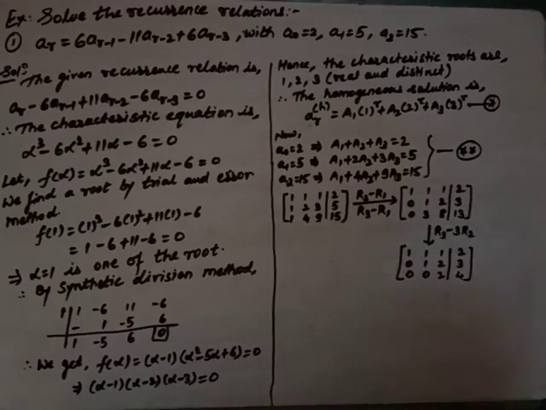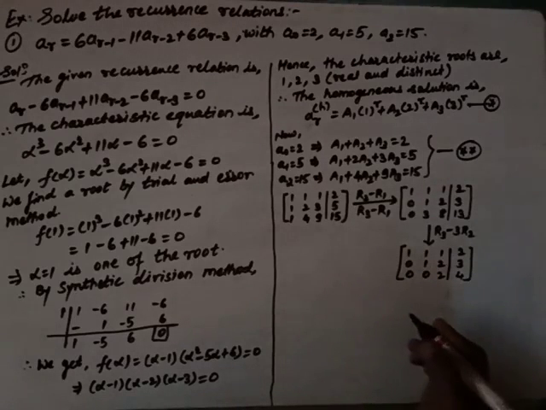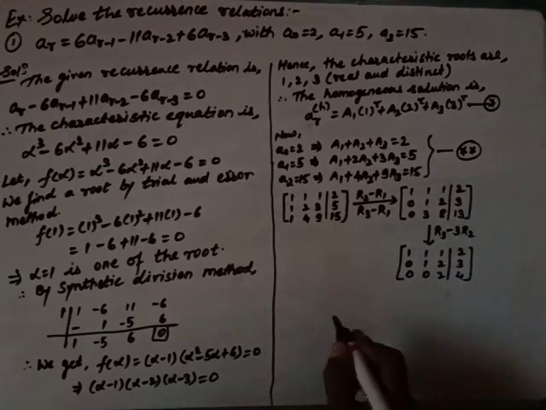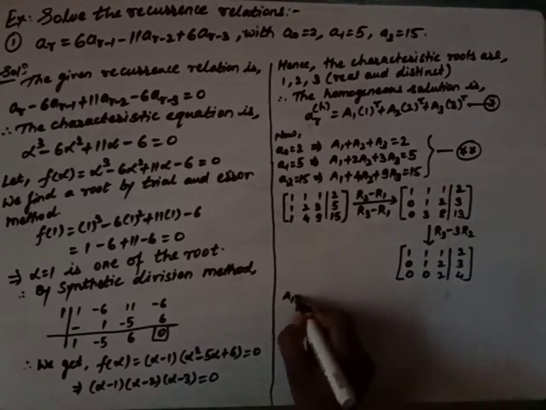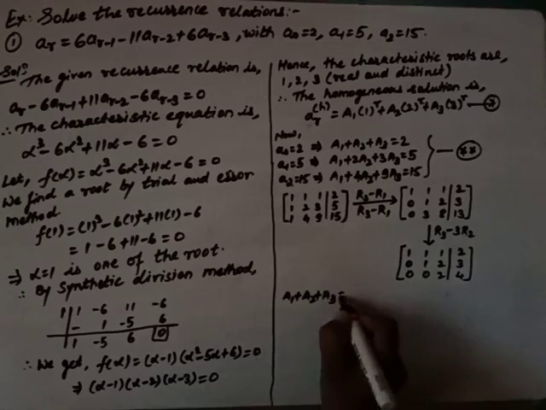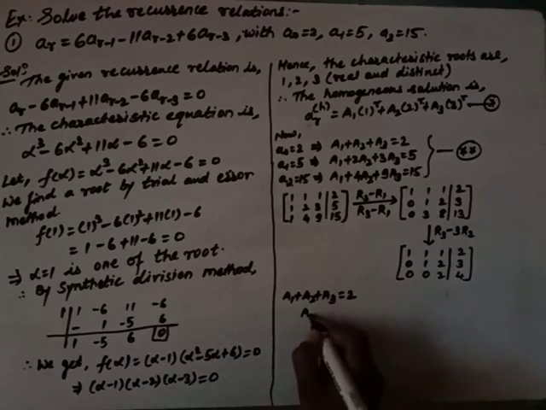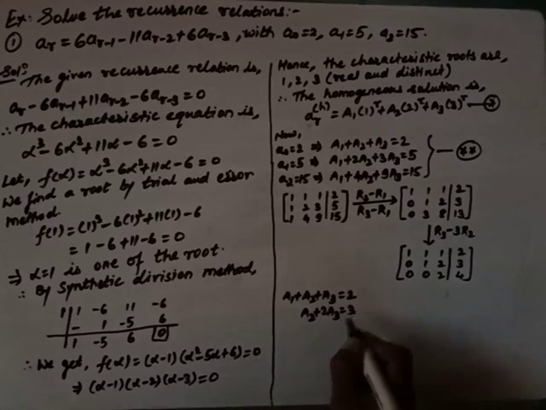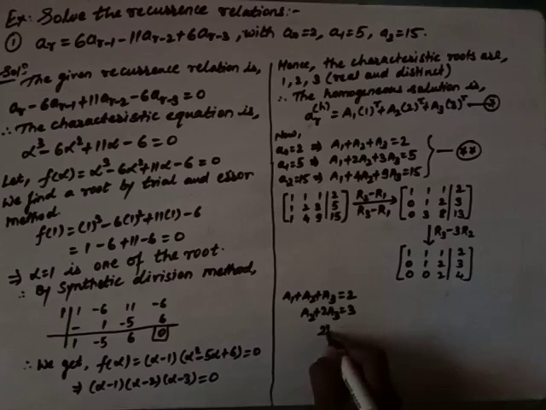So now this one can be written again in A1, A2, A3: A1 plus A2 plus A3 is equal to 2, A2 plus 2A3 is equal to 3, and 2A3 equal to 4.